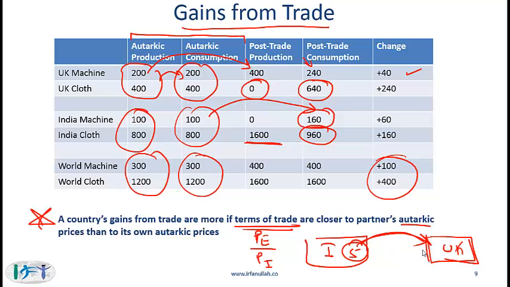So notice in my example, the autarkic prices of clothes are much higher in the UK relative to India. So when India exports, it can export at a price much higher than the domestic price, and clearly then India will benefit. There are other ways of looking at this also, but now that you have understood one scenario, I would suggest that you remember this statement.